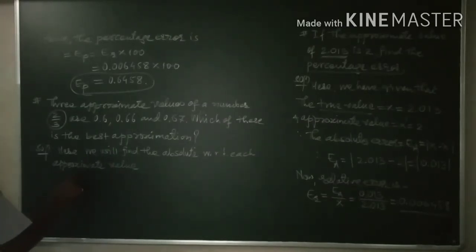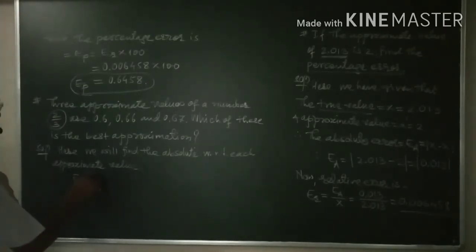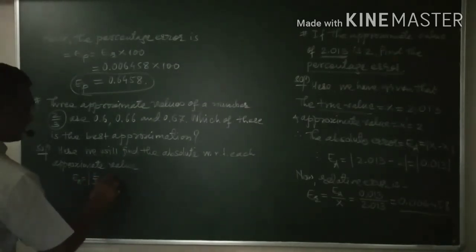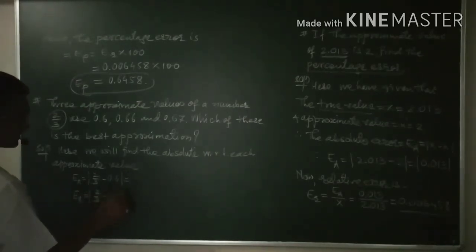Let me write: EA is equal to the actual value minus the approximate value, so 2 by 3 minus 0.6. Then EA is equal to 2 by 3 minus 0.66.